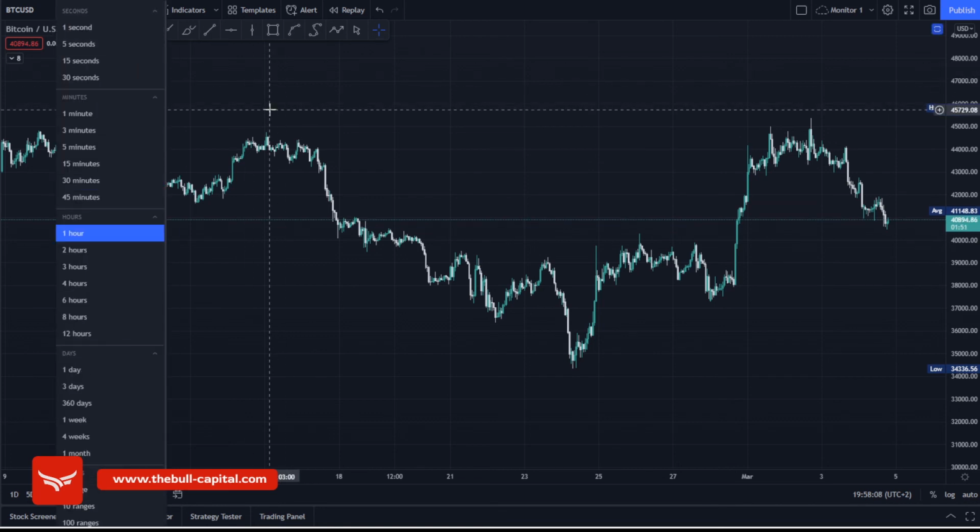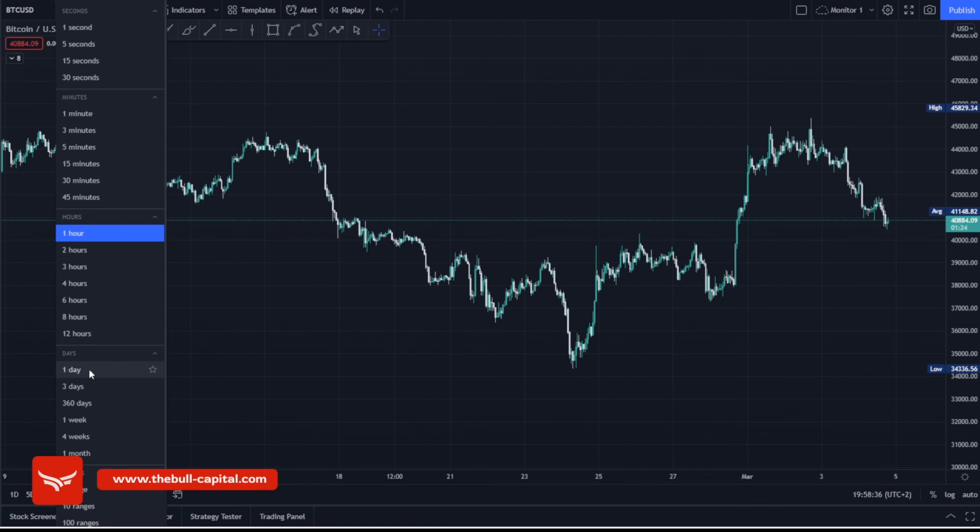So you can choose how you want to trade. If you want to trade faster, maybe a 5 minute time frame, you can do a few trades a day or more. If you trade the 4 hour time frame, maybe you make one trade a day.